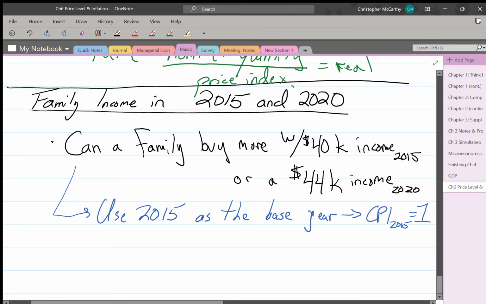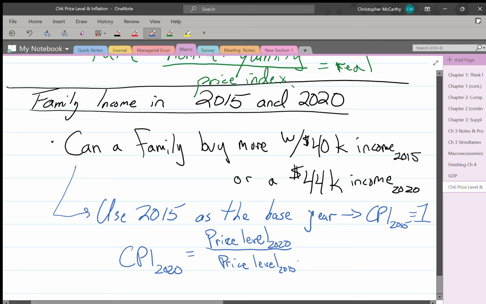So how do I get my CPI for 2020? Well, it's going to be equal to some price basket, price level, in 2020 divided by some price level in 2015. So we're given what it is. We don't need to calculate it this time. We're told that it's 1.25.